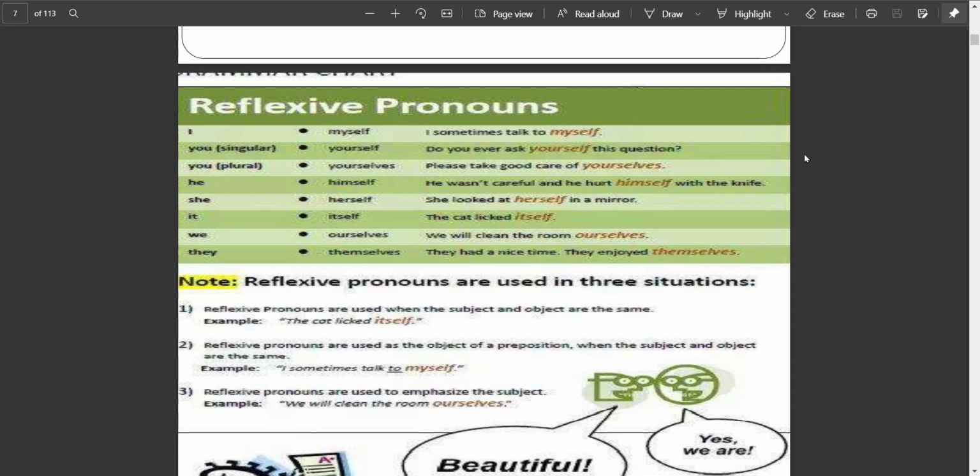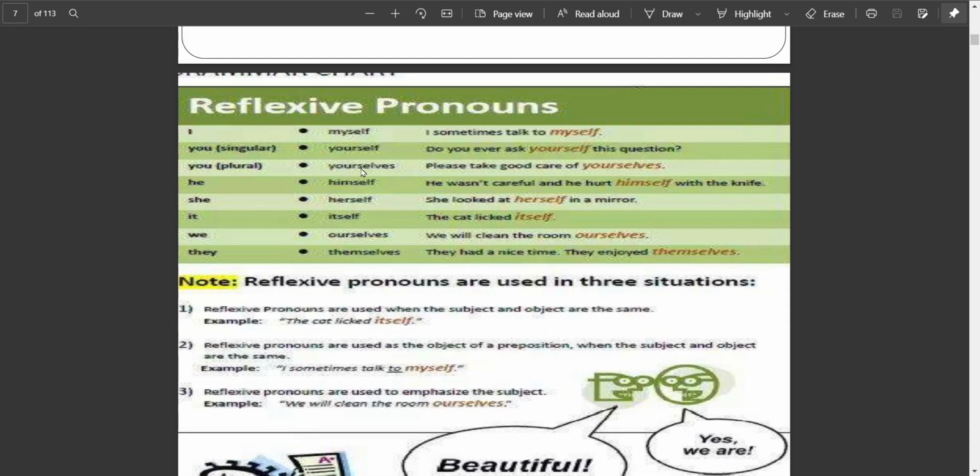Now let's take a look. Let's read the second topic, which is reflexive pronouns, ضمائر الانعكاسية. Alright? Look at these examples. I sometimes talk to myself. هذا myself معناتها ضمير انعكاسي. Right? You singular yourself. Do you ever ask yourself this question? ضمير انعكاسي.